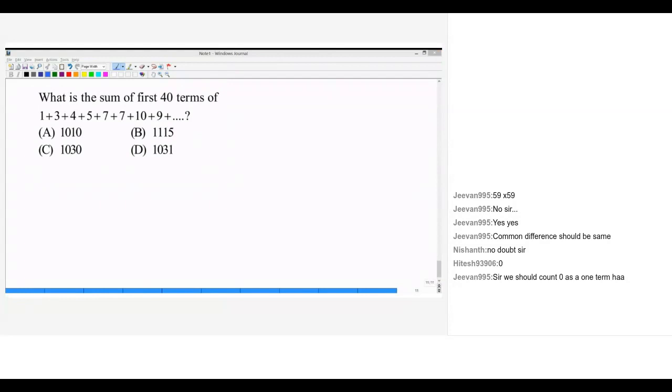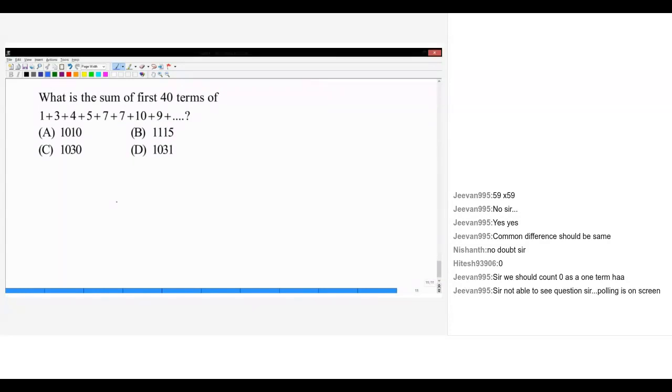Now let's see. See, there are two APs in this. So better you add these two APs. It is 4 plus 9 plus 14. You can clearly see the difference as 5. And how many terms are there? Now not 40, only 20, because we made two terms into one term.